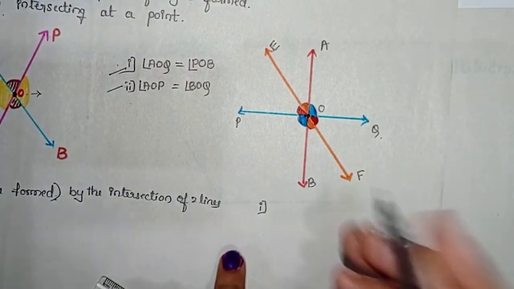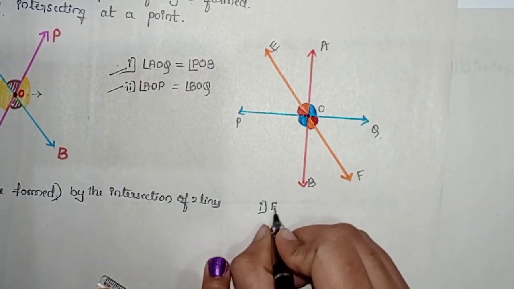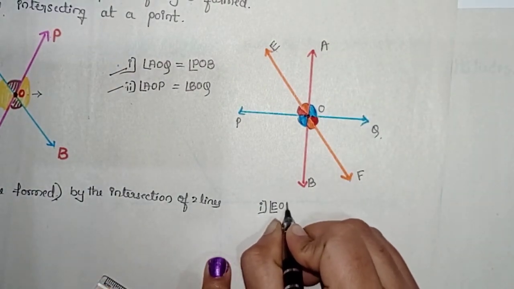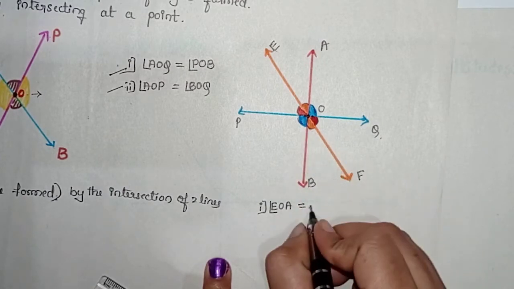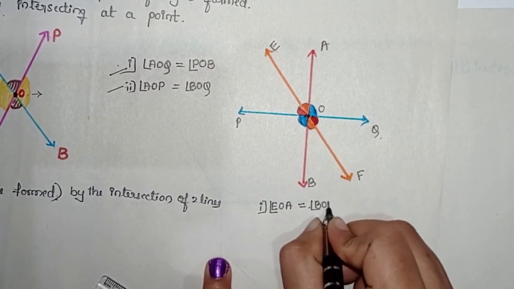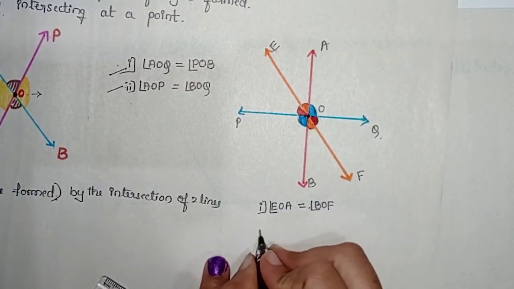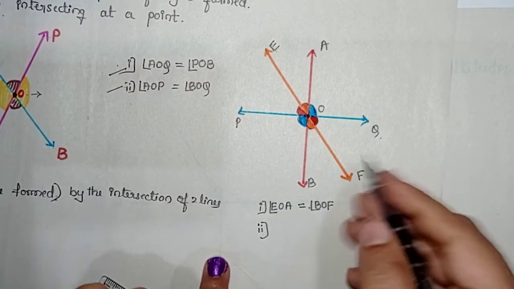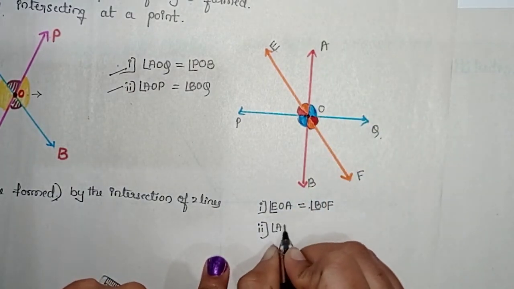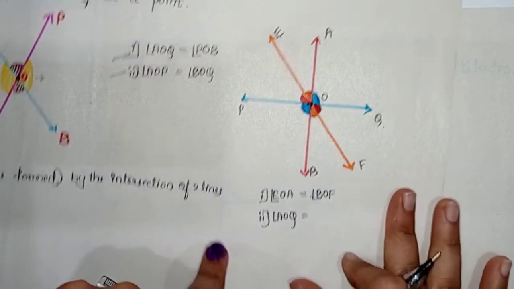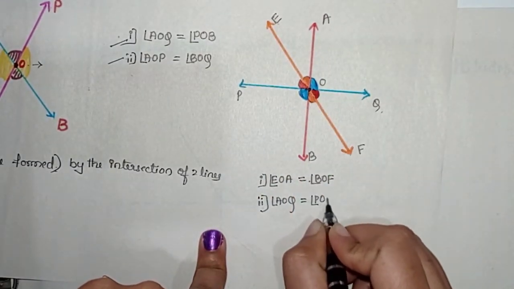Now let us name them. Angle EOA will be paired with angle BOF, which is exactly opposite to EOA. Next pair is angle AOQ, which will be equal to angle POB.